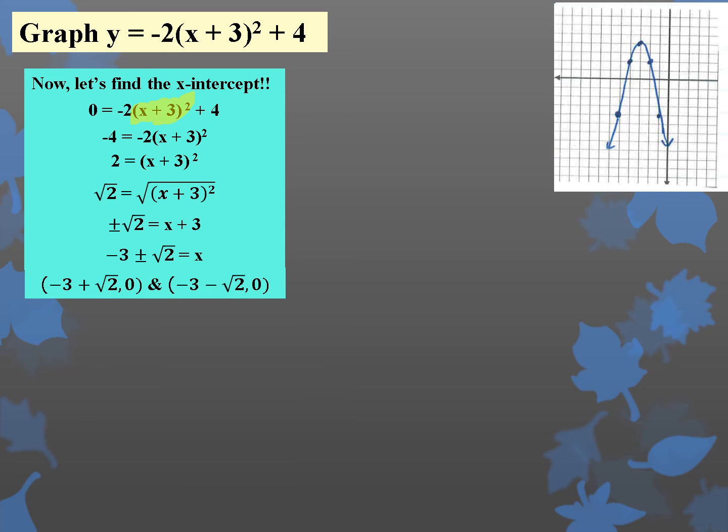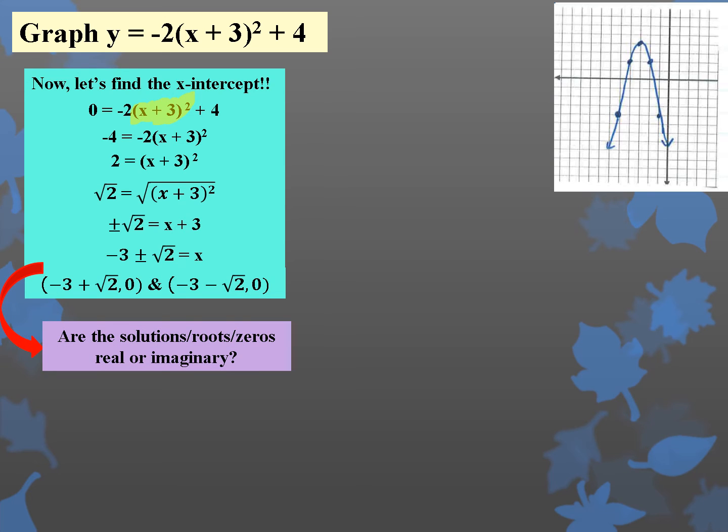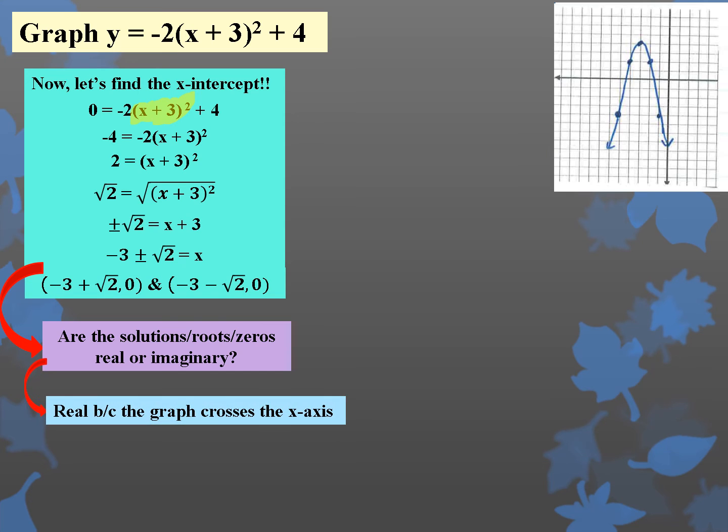So my exact x-intercepts are negative 3 plus the square root of 2, comma 0, and negative 3 minus the square root of 2, comma 0. Now, does that mean these solutions are real or imaginary? Well, they're real because I actually physically cross the x-axis.